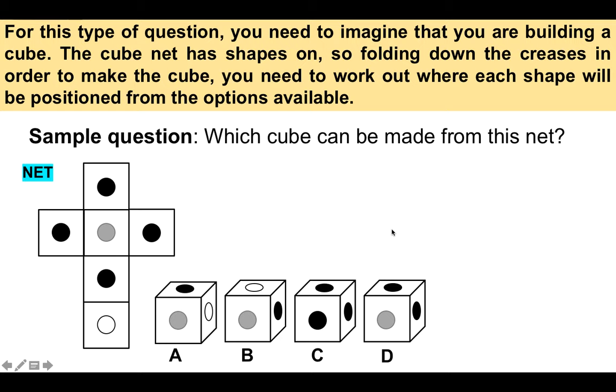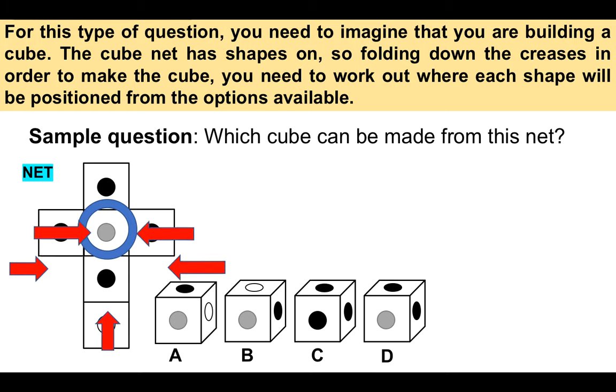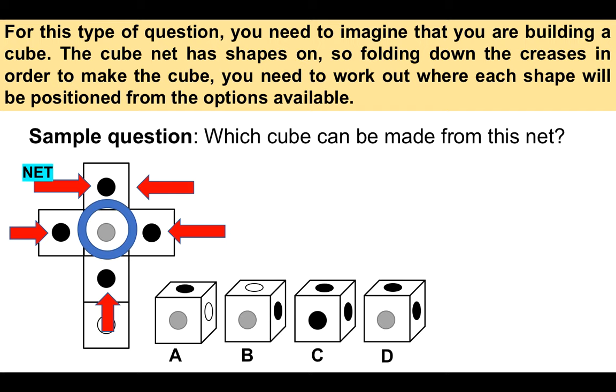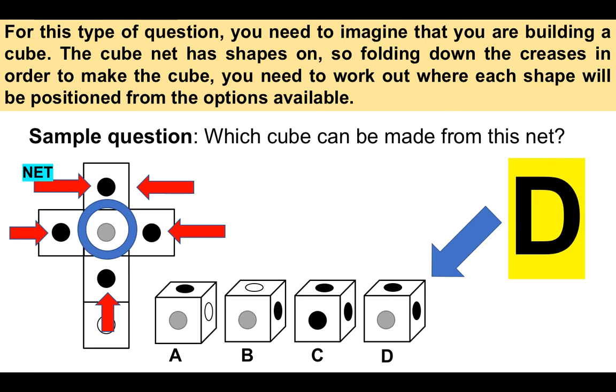My advice is to choose one particular area of the net, and in this case I'm going to choose the grey circle. If I look around it I can see it's surrounded by black circles, and I can answer this question really quickly by following that process, because the only one that has the grey circle surrounded by black circles is D. So my answer would be straight away D. My point is, when tackling these kinds of questions, focus on one particular area of the net.